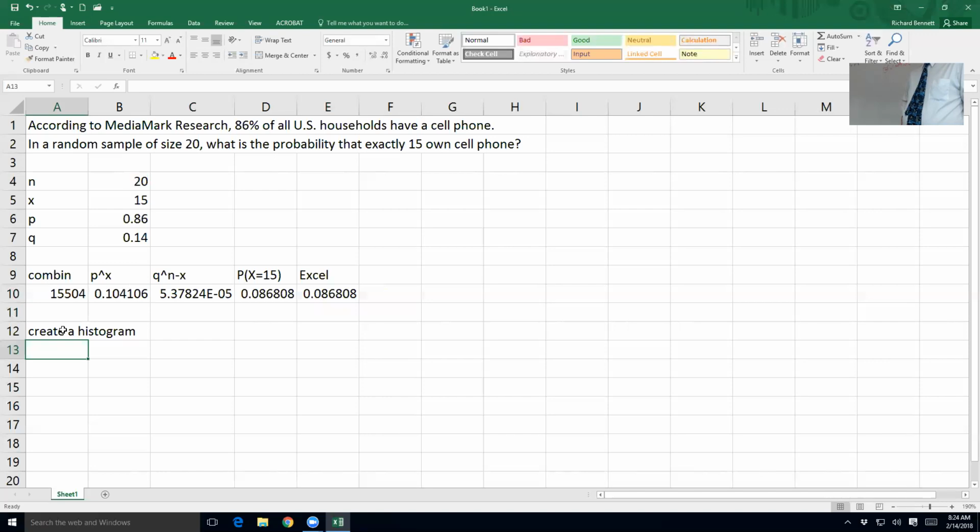And normally when you're creating histograms, you would group them. When they're discrete, they're kind of grouped in a way, so I'm not going to worry about grouping them. So what's my sample space if I'm interviewing 20 people if they have a cell phone? Okay, that's for 15.